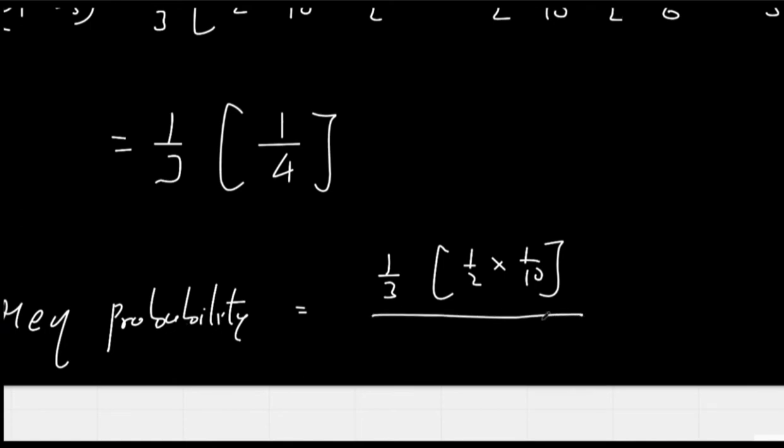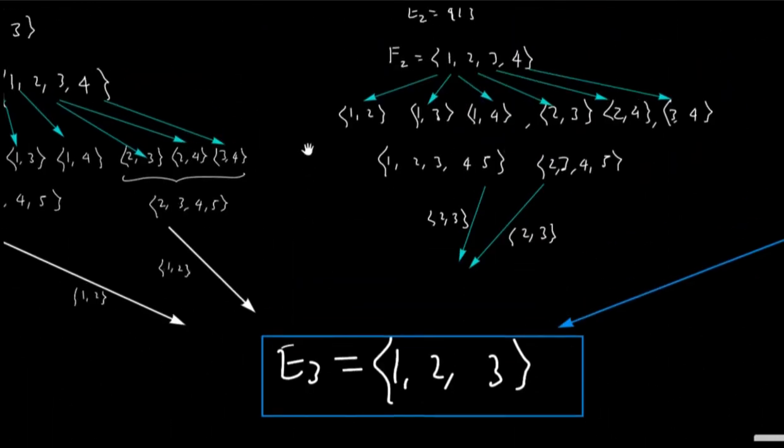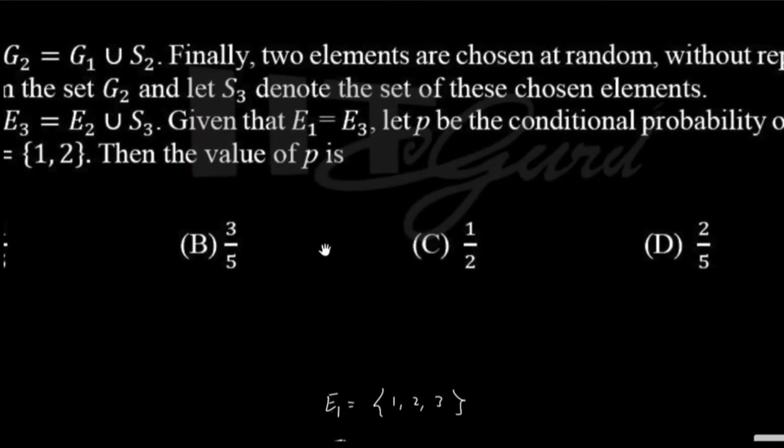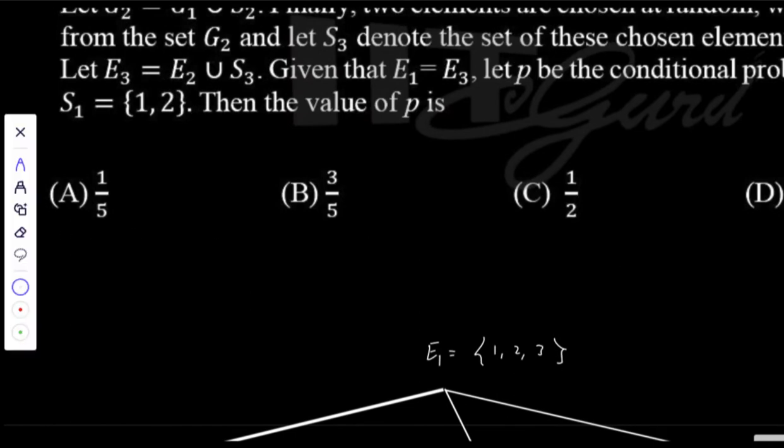And divided by 1 by 3 into 1 by 4. That is the sample space. What we find is 1 by 5, and that's our answer. So final answer is 1 by 5. Let's see over here. 1 by 5, the first option is correct.